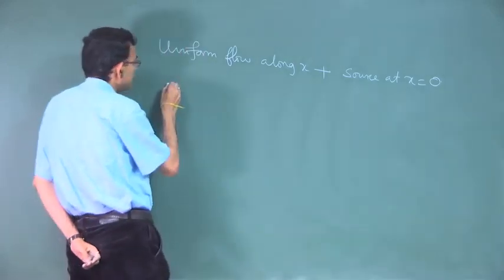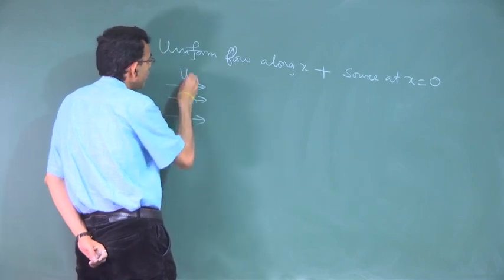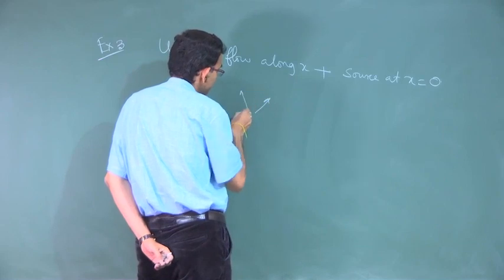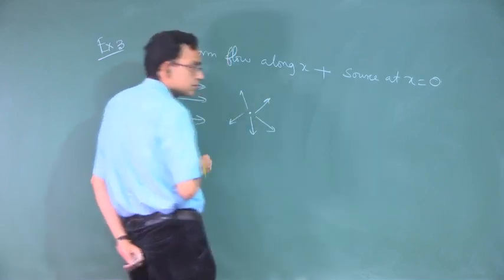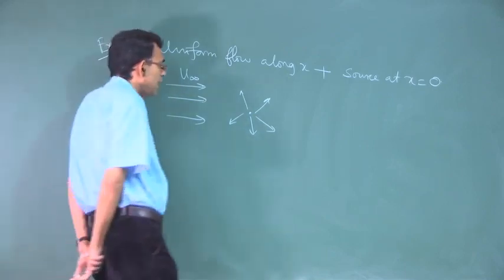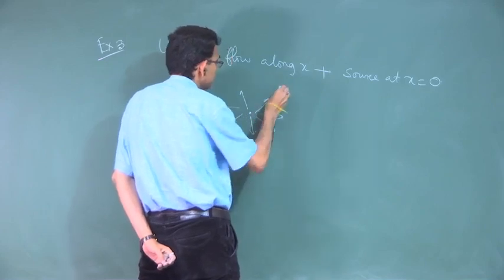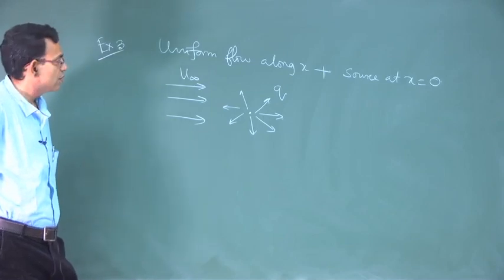So, the physical picture is you have uniform flow u infinity and then at the origin you have a source like this, say q is the strength of the source.